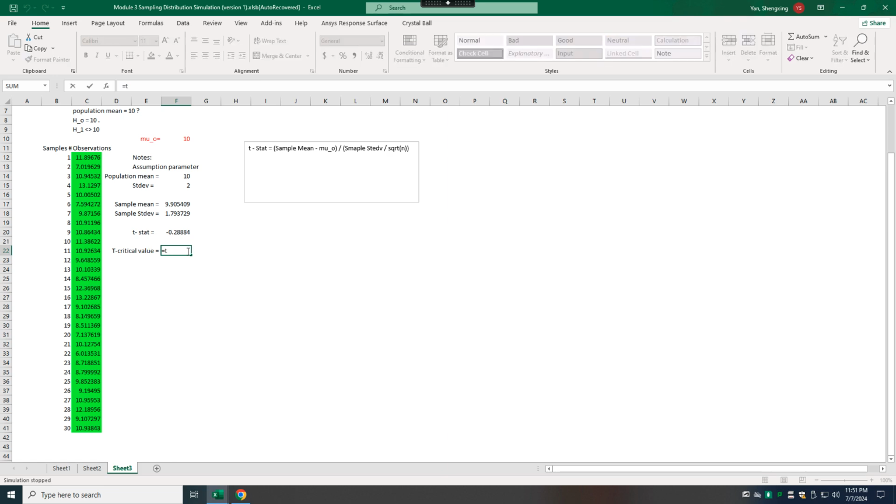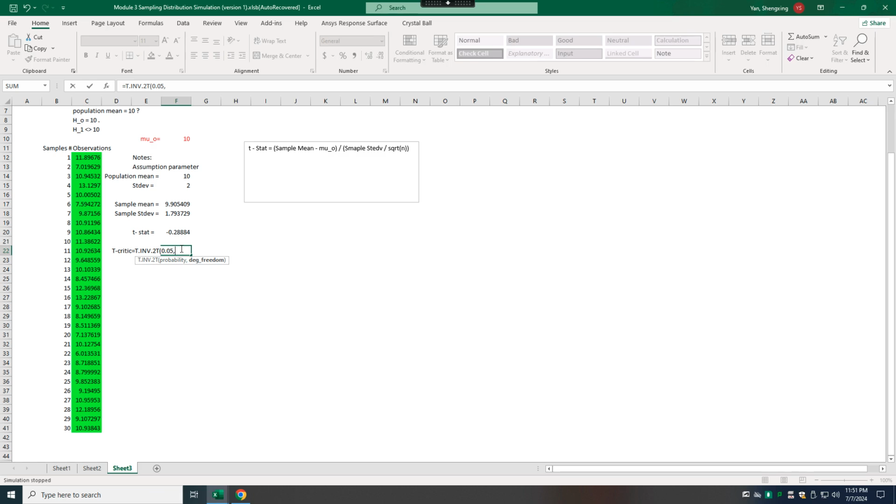So we will input the probability. We want a significance level at 95%. We want the degrees of freedom, 30.